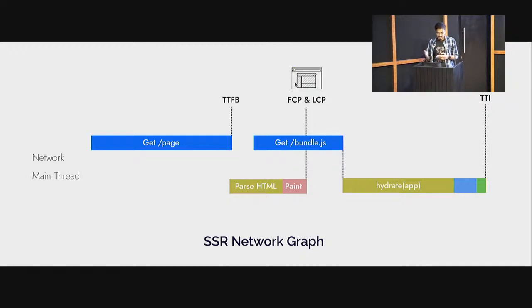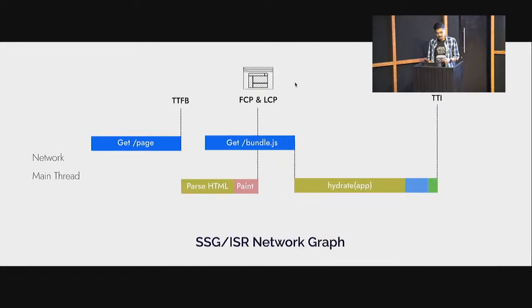Since the HTML and the JSON etc. are cached, whenever a user requests the page they get the HTML immediately. So with SSG and ISR the time to first byte reduces significantly.